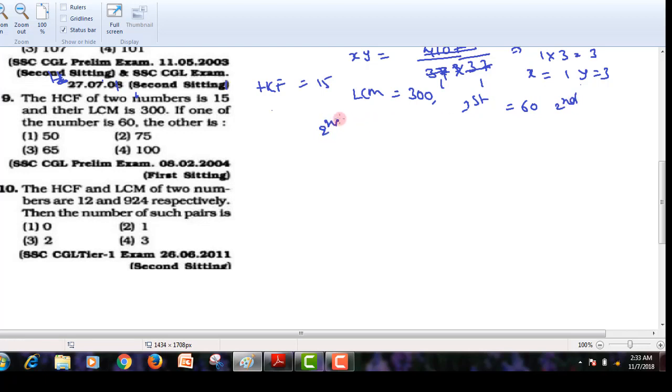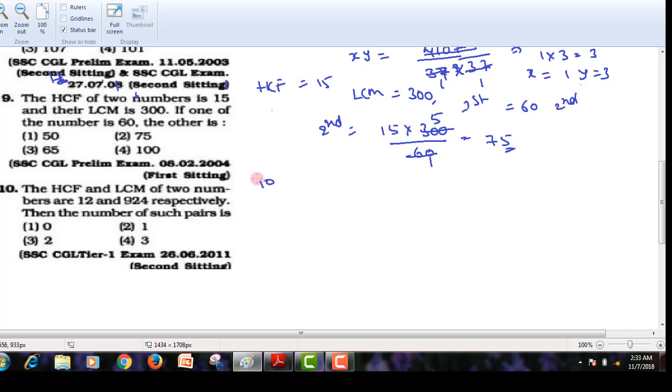So the second number is equal to HCF into LCM by one of the numbers. 15 into 300 by 60, so you get 75. So the second number will be 75.